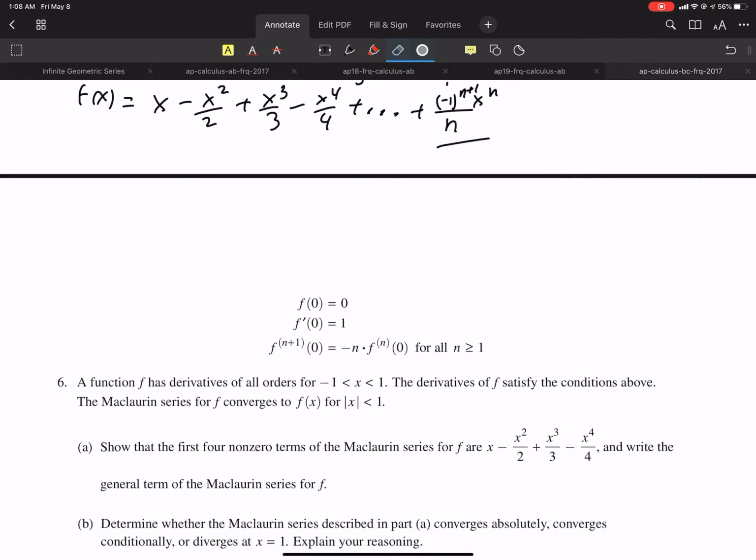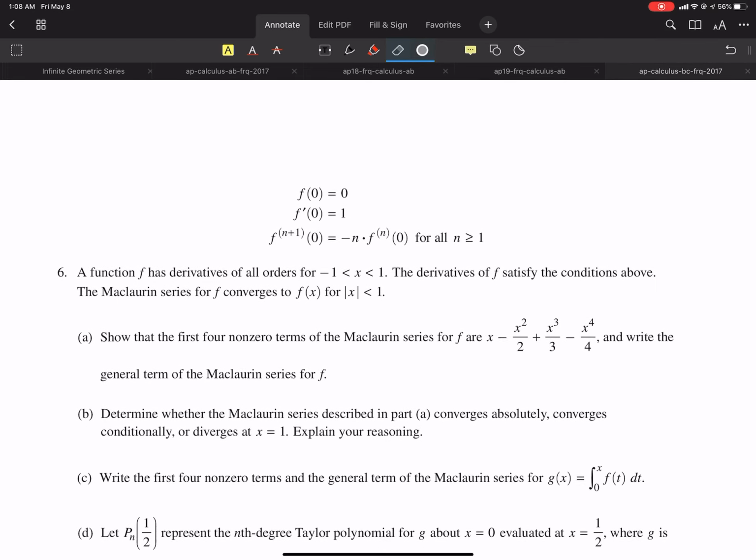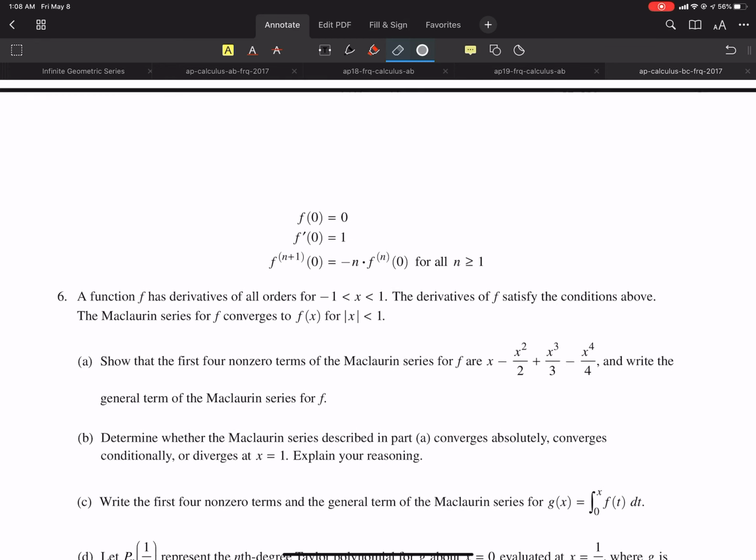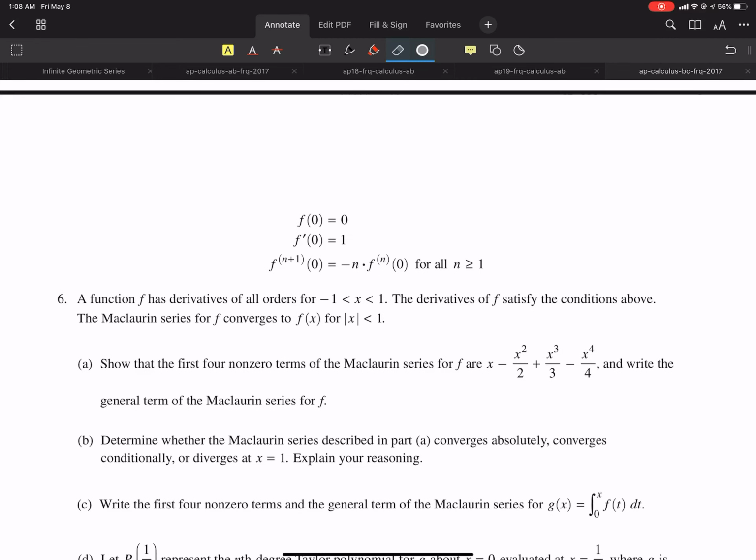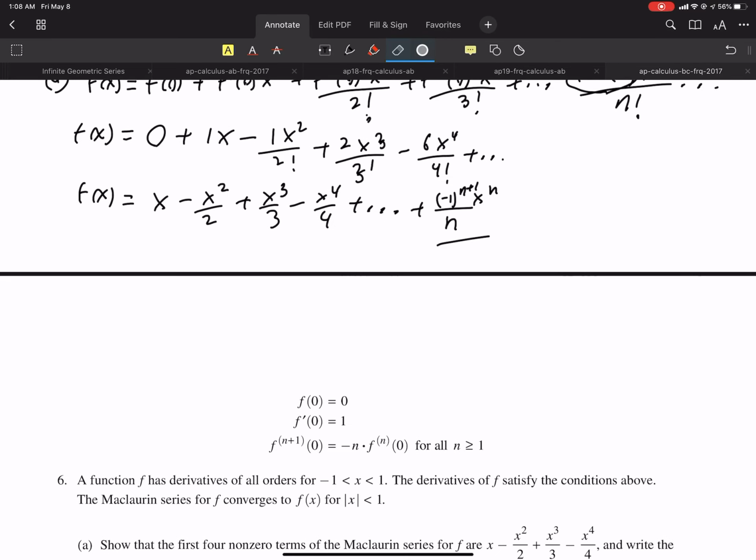So let's plug in 1 for x. Okay, here we go. F at 1 equals, and that's going to be negative 1 to the n plus 1 over n.